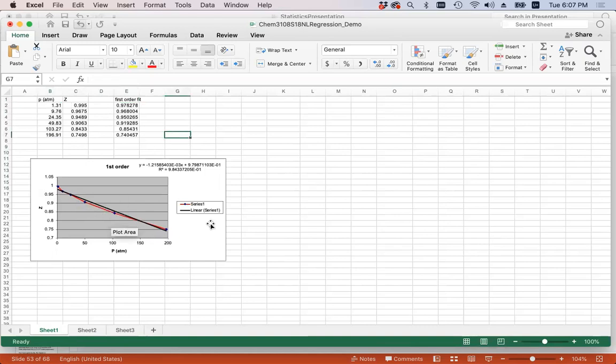You can see plotted in this graph here is the experimental data that's called series 1. That's these data points that are connected by red lines. And then the linear fit to that data is shown as a black line.